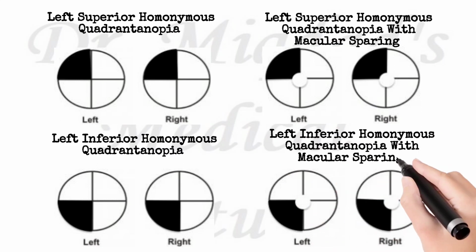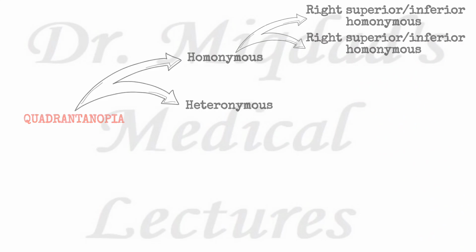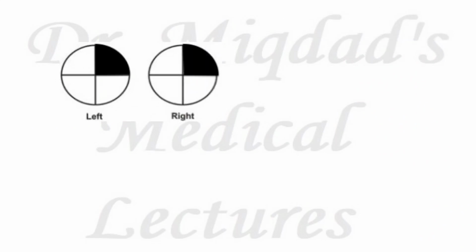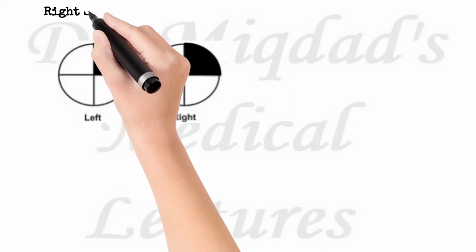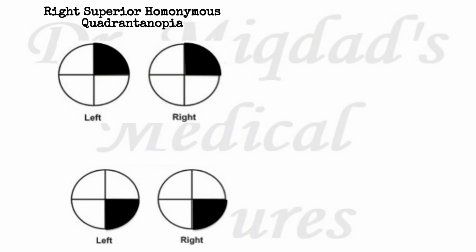Other varieties of homonymous quadrant anopia may be right superior homonymous quadrant anopia or right inferior homonymous quadrant anopia with or without macular sparing, again as shown in the images here.